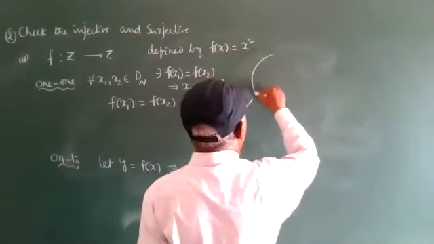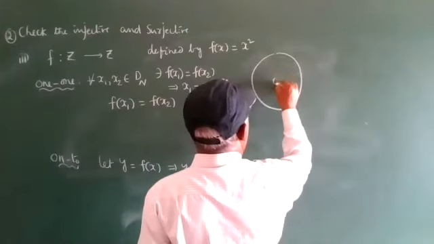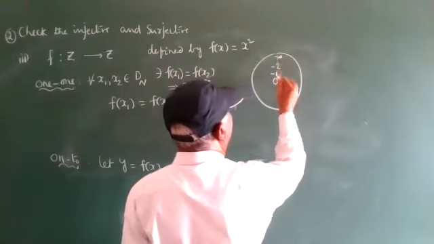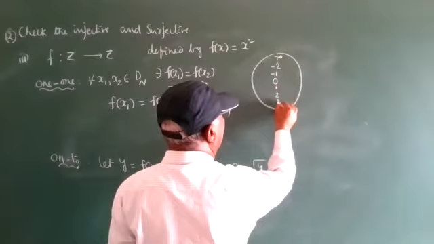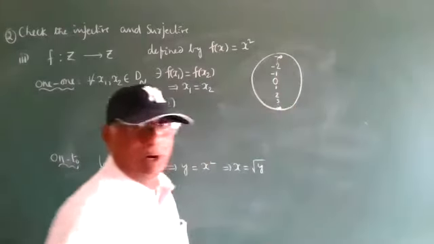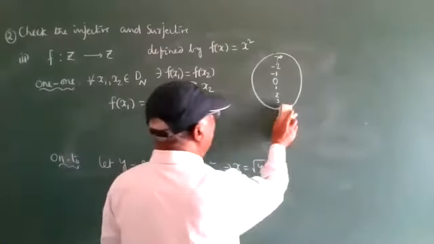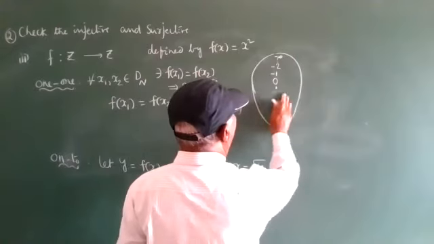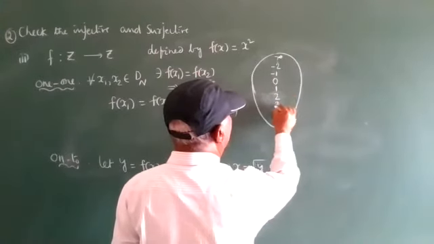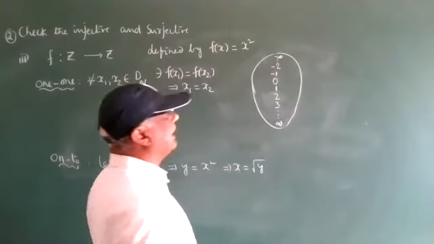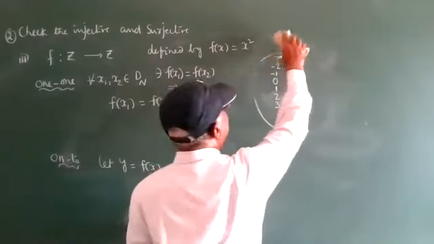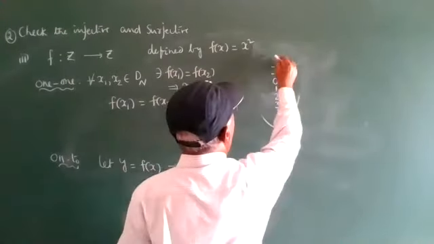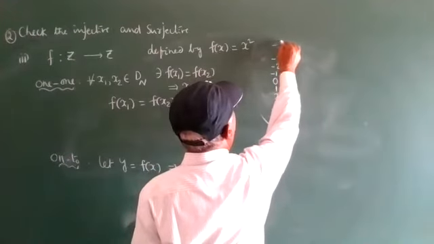First I will draw the integer set: 0, minus 1, minus 2, minus 3 up to minus infinity, and 1, 2, 3 up to plus infinity.